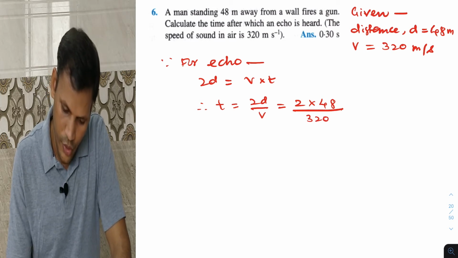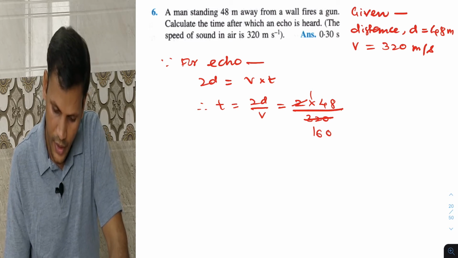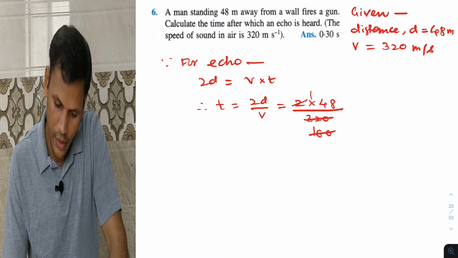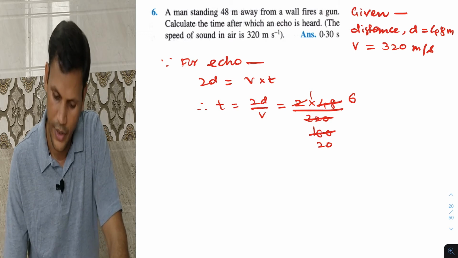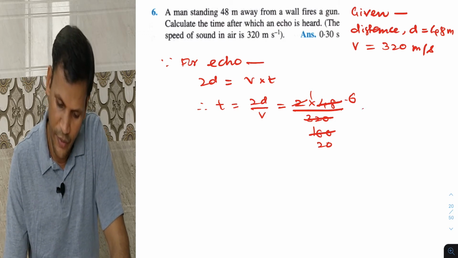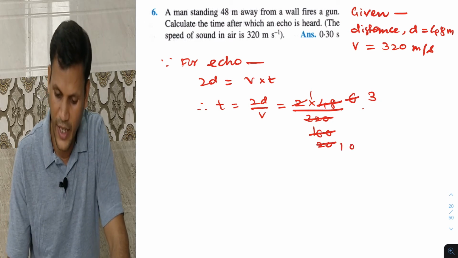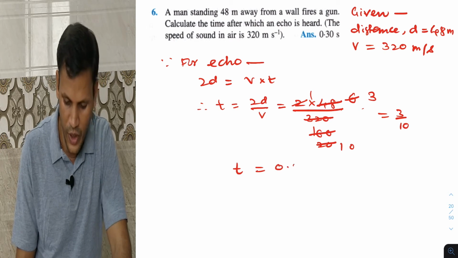So 2 ones are 16, then 6 by 20, which again we will cancel by 2, so 3 by 10 is 0.3, so 0.3 second.